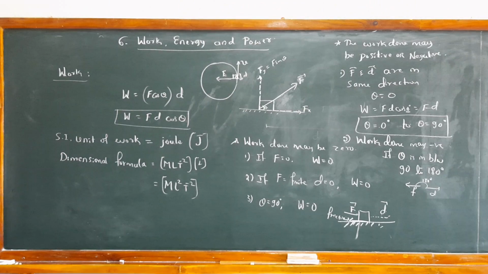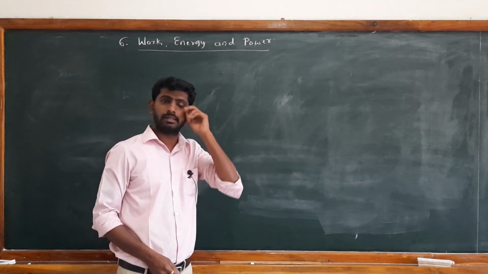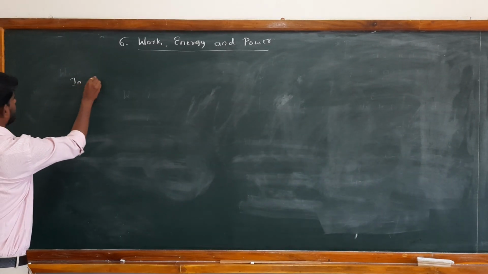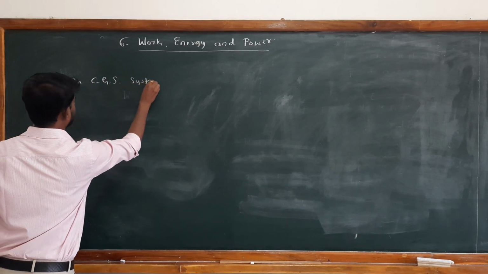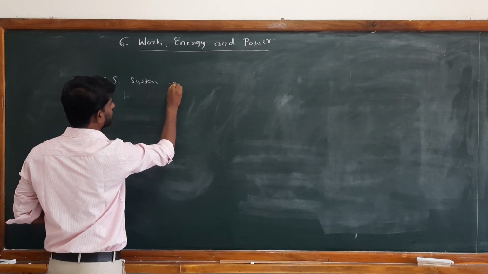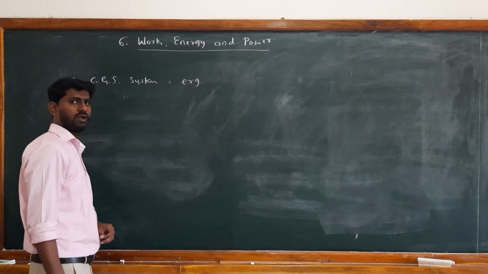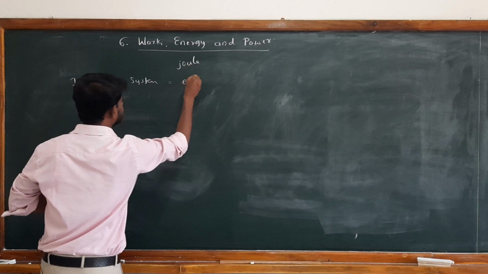This is the basic concept of work. In CGS system, the unit of work done is erg. So in SI system it is joule and in CGS it is erg.